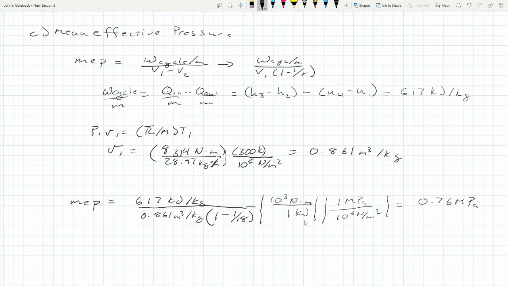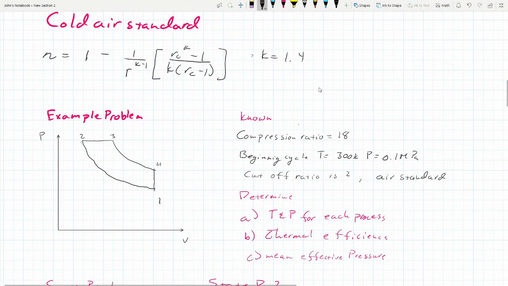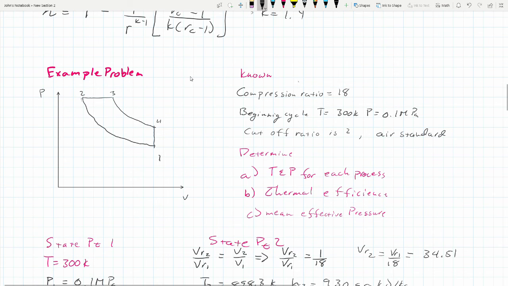Don't worry, I'm about to summarize this entire problem. What did we do first when analyzing a diesel cycle? First things first, we read the problem, where we were told that the compression ratio is 18. We were told at the beginning of the cycle the temperature is 300 Kelvin, the pressure is 0.1 megapascals, the cutoff ratio is 2, and we're working with air standard.